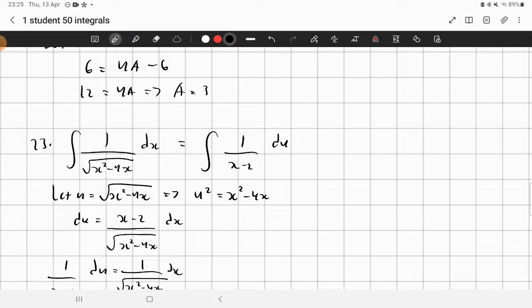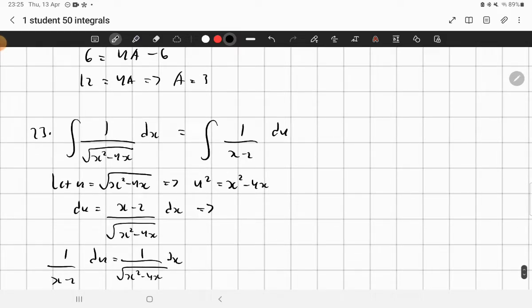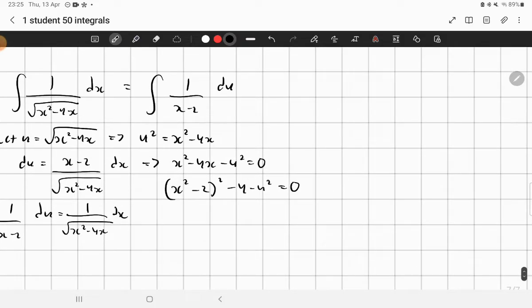Alright. If I make it fancier, x squared minus 4x minus u squared equals 0, completing the square. So x minus 2 to the power 2 minus 4 minus u squared. Okay. x squared is equal to u squared plus 4.